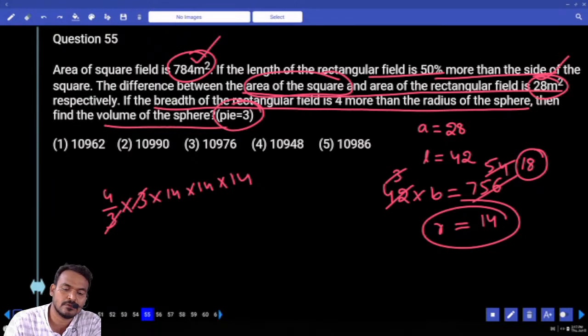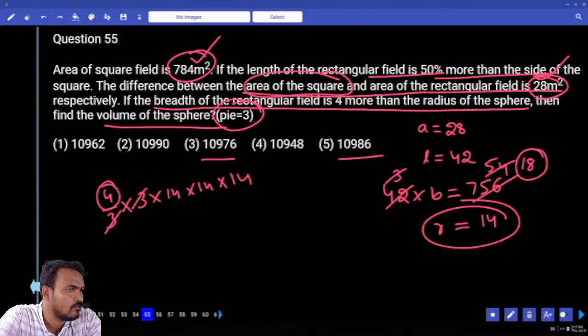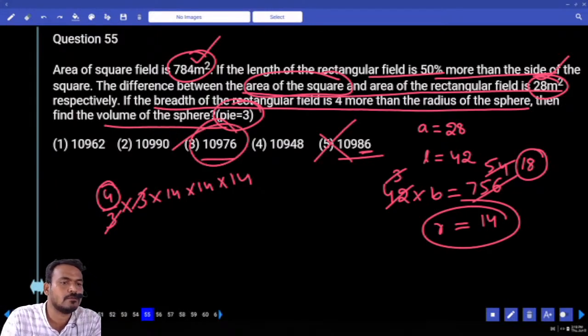How many options? 2 options are there, and one more. What is the first term? 4. The answer must be a multiple of 4. Third option, last 2 digits 76. That is exactly a multiple of 4. Next, fifth option, last 2 digits 86. Is that a multiple of 4? No. Then the answer is the third one.